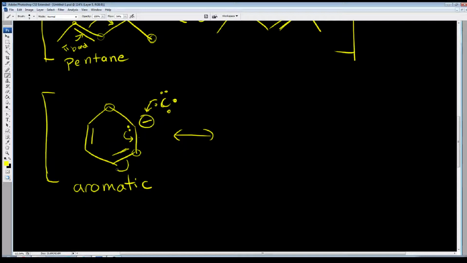But when you break it, you can move it to the corner. So it's going to look the same as this, just a little bit more turned around. For here, the pi bond's going to form over here, and this one's going to break. But you're keeping your formal charge.